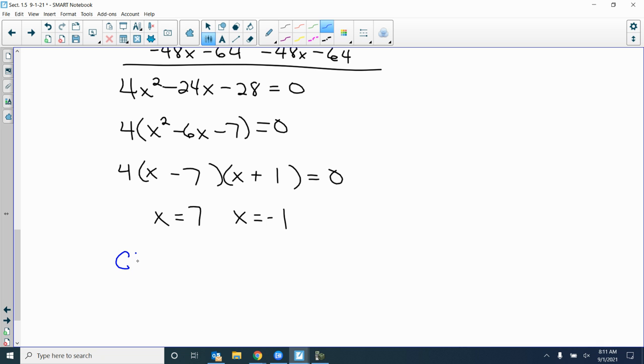So check. Extraneous solutions. By plugging in 7, by plugging in negative 1. Okay, and seeing whether they work.